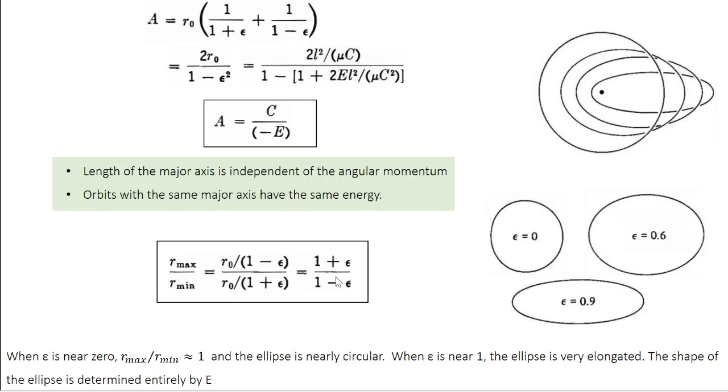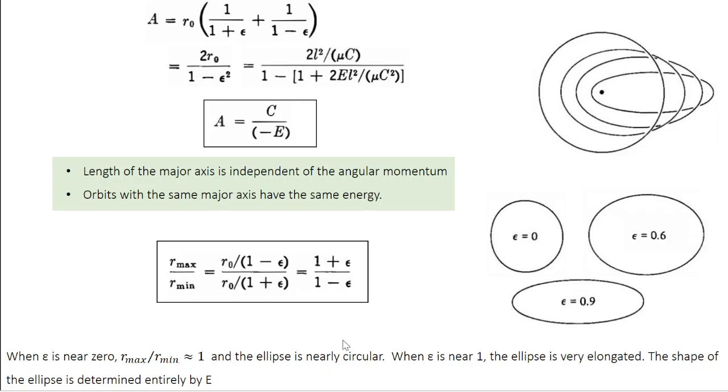So essentially you have R max divided by R min almost equal to 1. So R max equals R minimum. So what's the meaning of R max equal to R minimum? The ellipse turns into a circle, right? Because in the case of a circle, the radius is the same in all the directions.